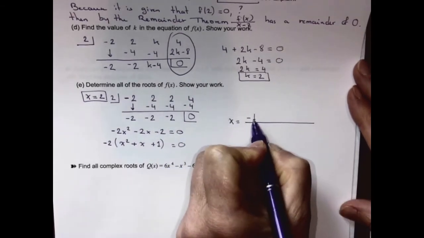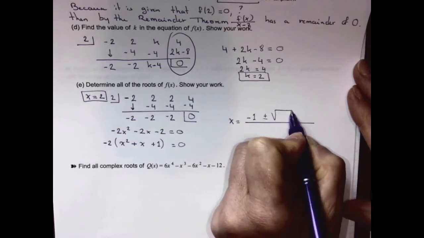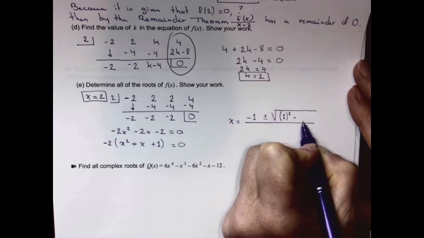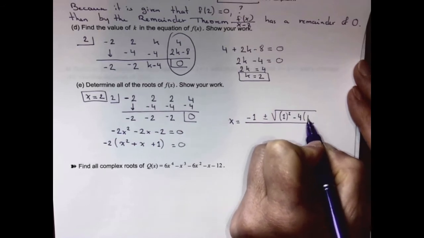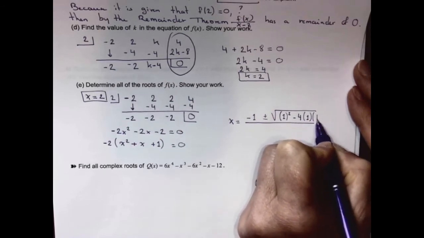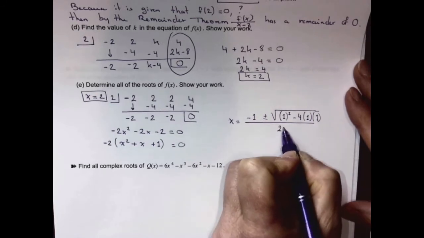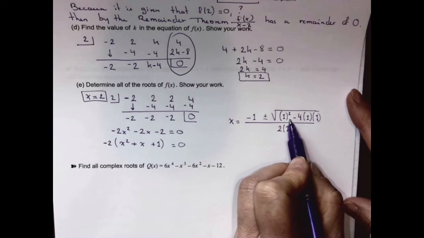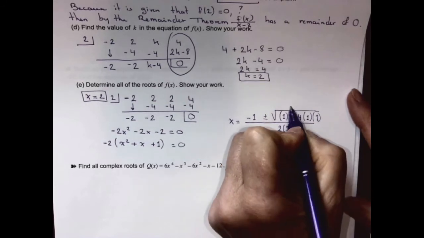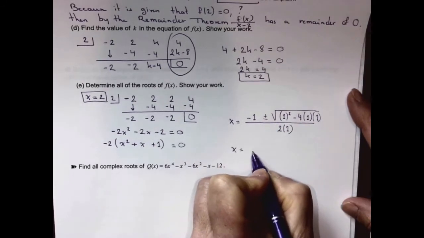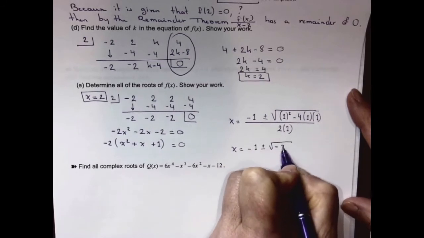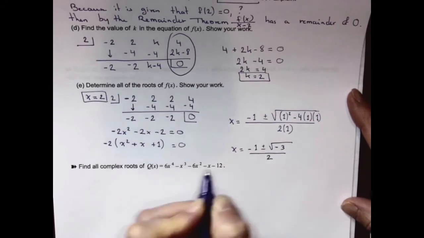So negative b plus or minus the square root of b squared minus 4 times a, which is a 1, times c, which is a 1, all over 2 times a. This here is negative 4, and so 1 minus 4 will give me plus or minus the square root of negative 3 all over 2.